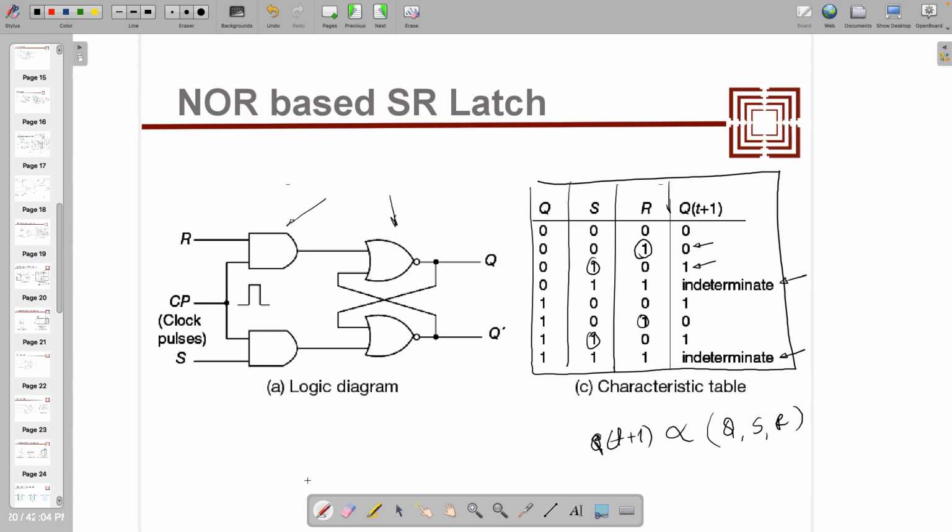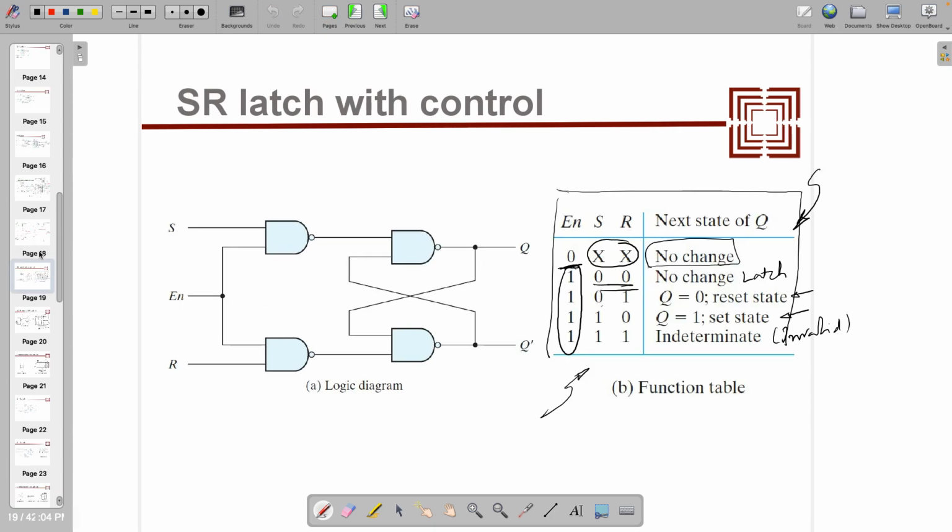Why have we taken clock pulse as enable? Look, any other input also you can give, there is no problem. Here we name it enable, and it works when its level is 1. When it's 0, it's latching. That is what we also understood. When the clock is 1, it's giving the output.